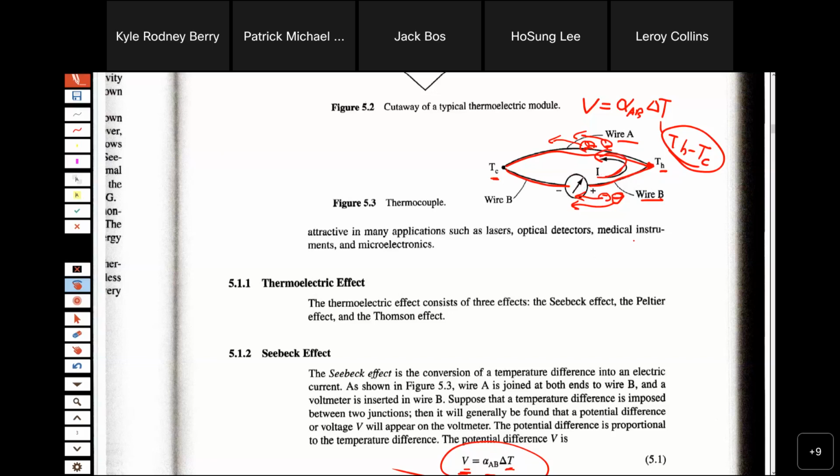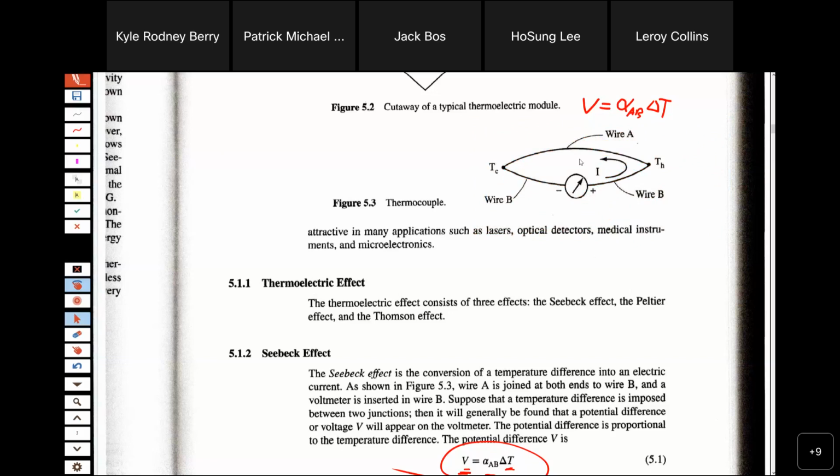It's very interesting. Just the wire, hot and cold, and the voltage created. No need for electricity. Do you understand this or not? This is so weird. Again, hot and cold, and the voltage created. Current is flowing.